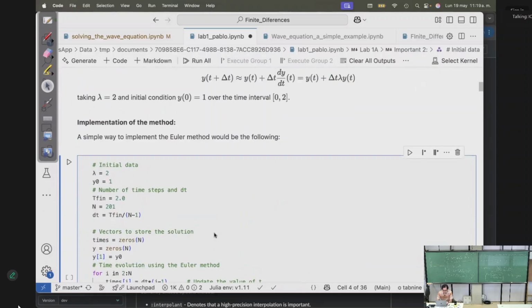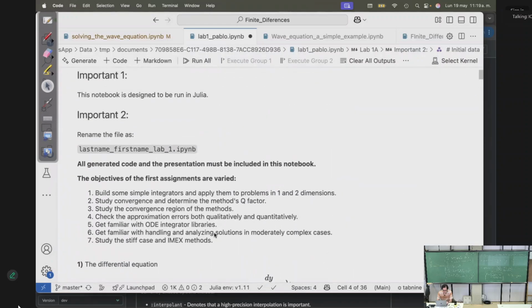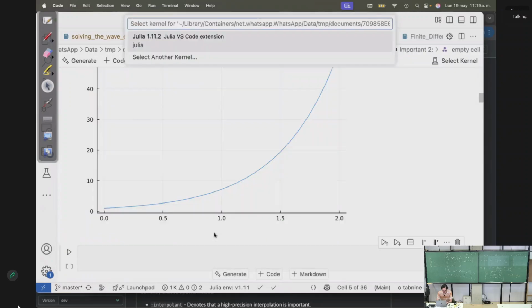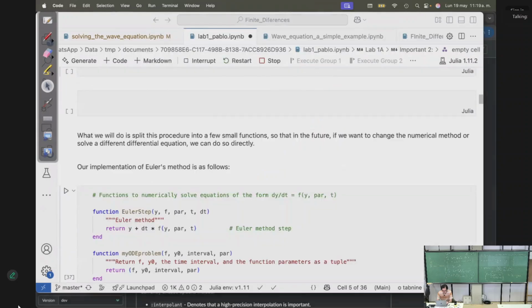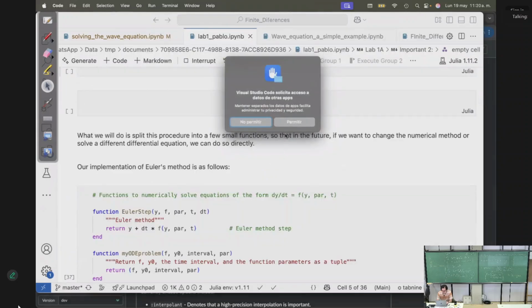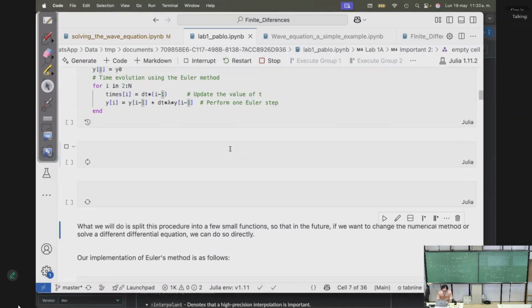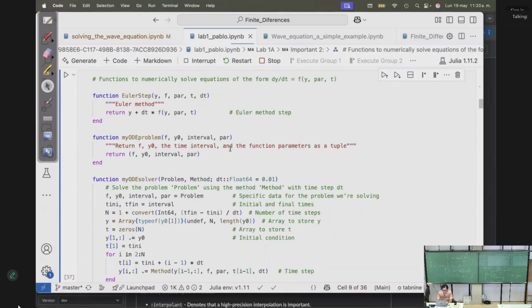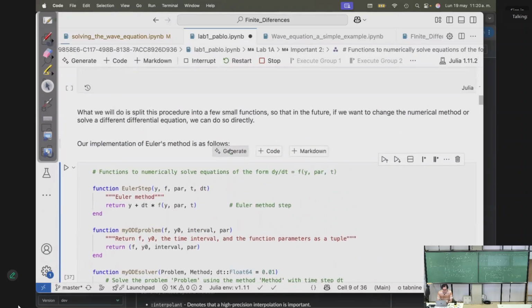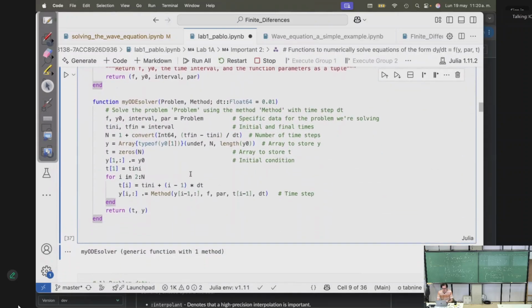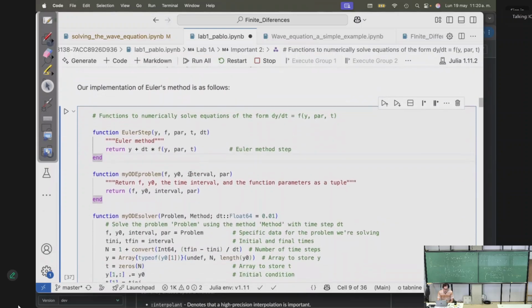Okay, let me run some cells here. And let's talk a bit about this section for those who maybe couldn't quite follow it.